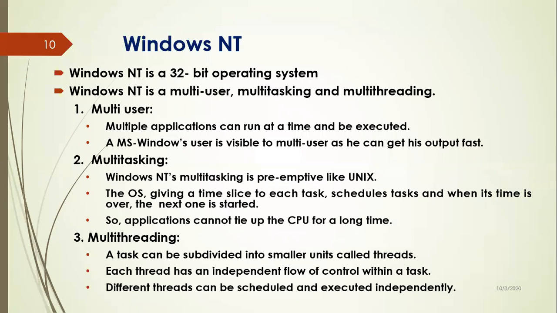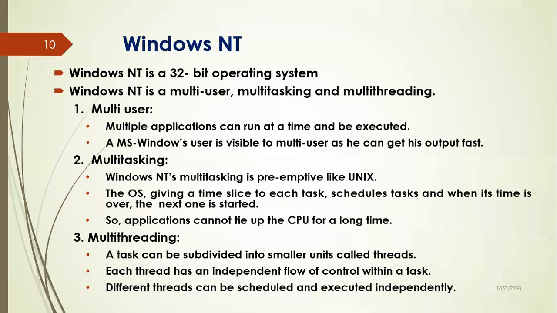Okay. 32-bit operating system means it can operate on 32 bits at a time. Now Windows NT is multi-user, multitasking, and multi-threading. Multi-user means multiple users can be there for your operating system.